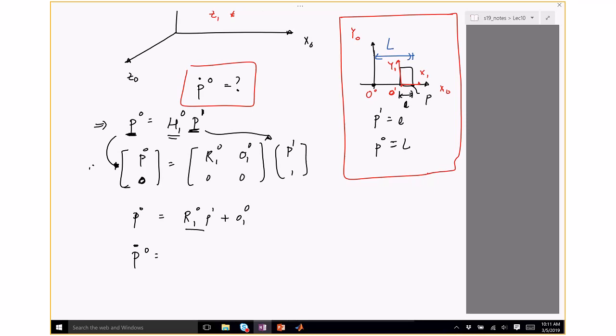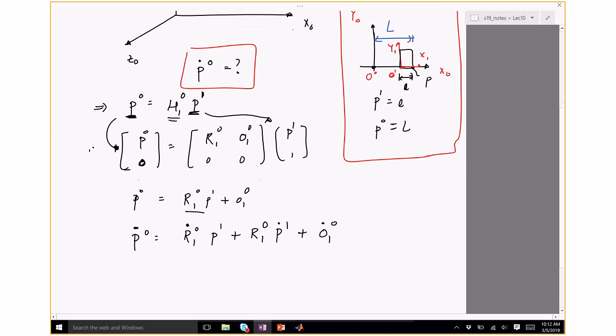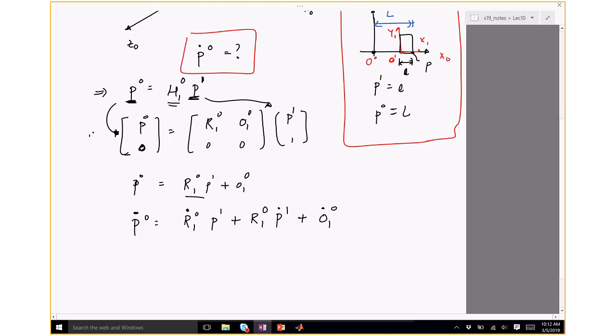So first we take the derivative of R1 with respect to time, and keep P1 constant, and then keep R1 constant and take the derivative of P1 with respect to time, plus O1 dot. Let's do a little bit of simplification here.